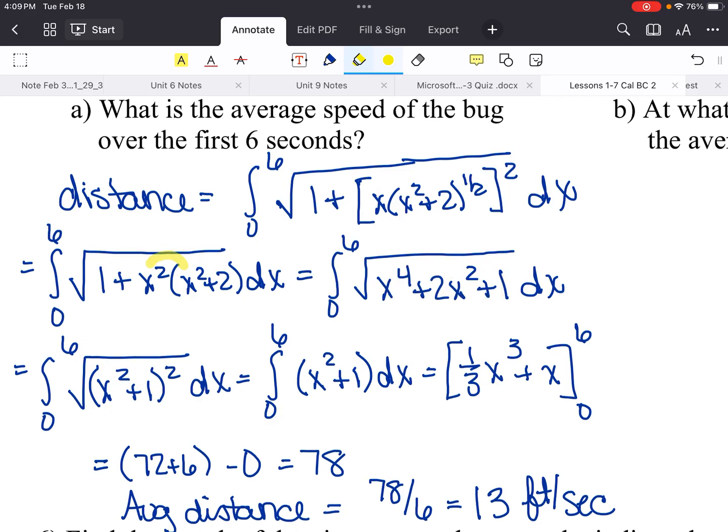And what I said on the last one is, at this point, I either need to be able to simplify the square root of that expression, or I need to do u substitution. Well, if I let u equal x to the 4th plus 2x squared plus 1, that part in the square root, du is going to be 4x cubed plus 4x.